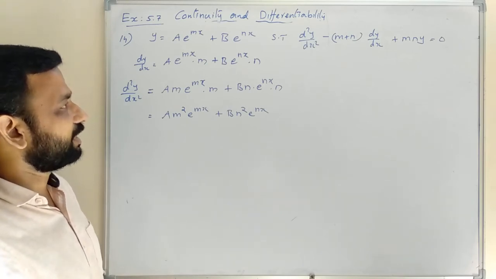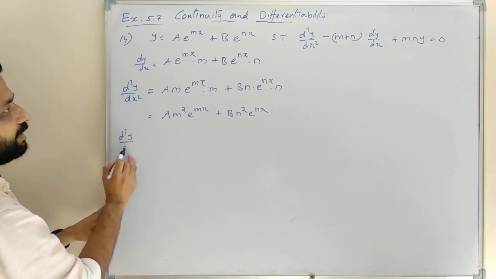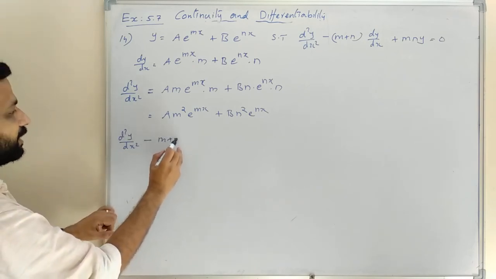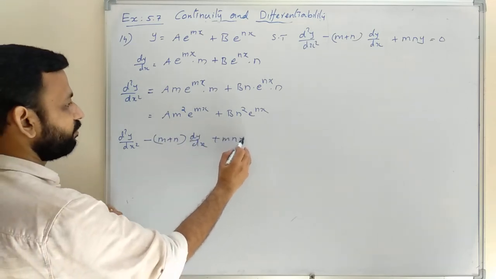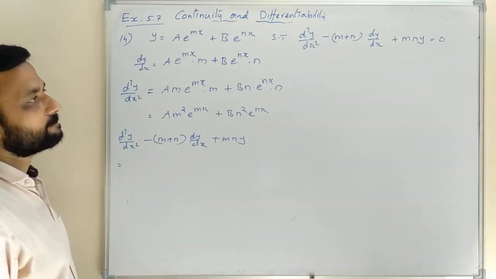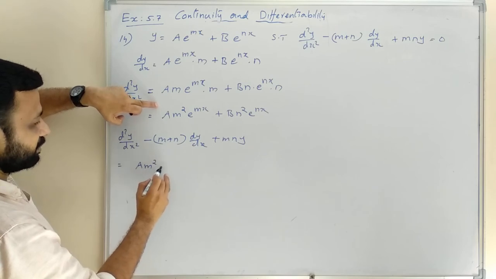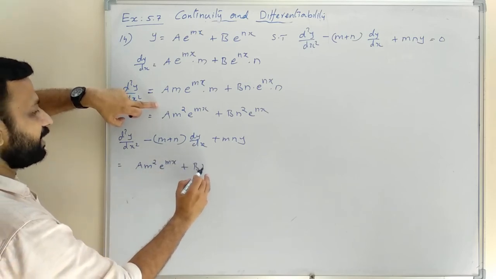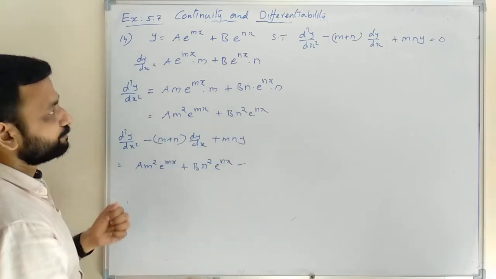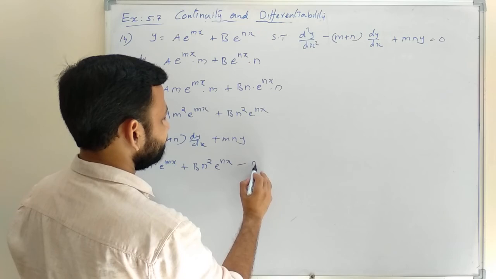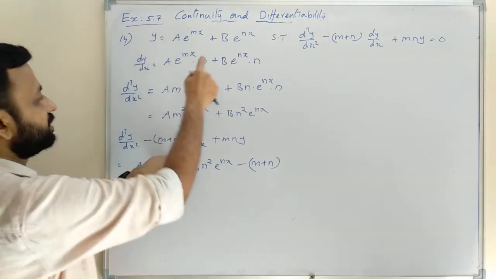Now we can replace their values. We will write that expression: d square y by dx square minus m plus n into dy by dx plus m n y equal to d square y by dx square, that is a m square e raised to mx plus b n square e raised to nx, minus m plus n into dy by dx.